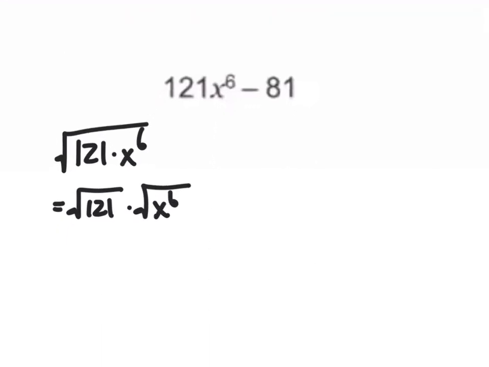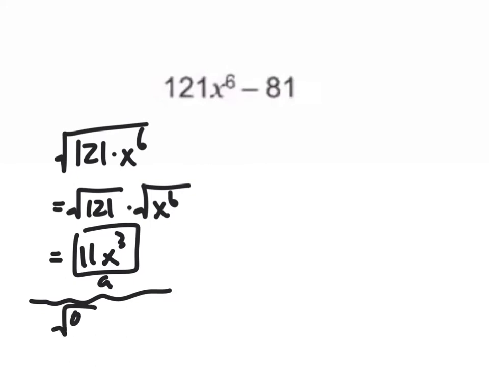The square root of x to the 6 is going to be x cubed. So this is my a value. And my b value, if you take the square root of 81, that's just going to give you 9. That's my b value.